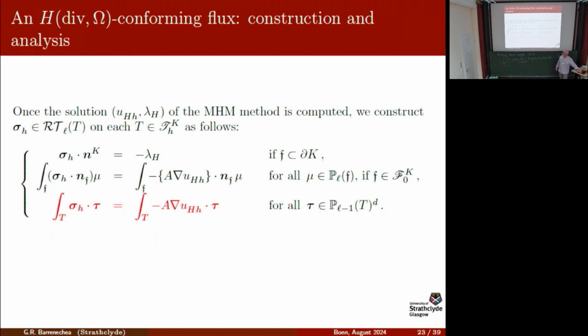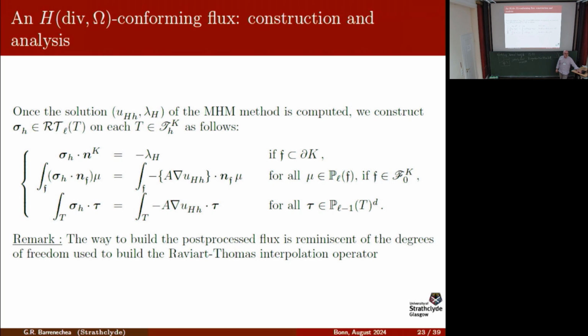And if you look at this set of degrees of freedom, you recognize what I'm doing, right? What we're doing is mimicking how we define the degrees of freedom for the Raviart-Thomas interpolation. So we take this discrete object, A grad u_h, and we try to build that pseudo Raviart-Thomas interpolant of that, right?